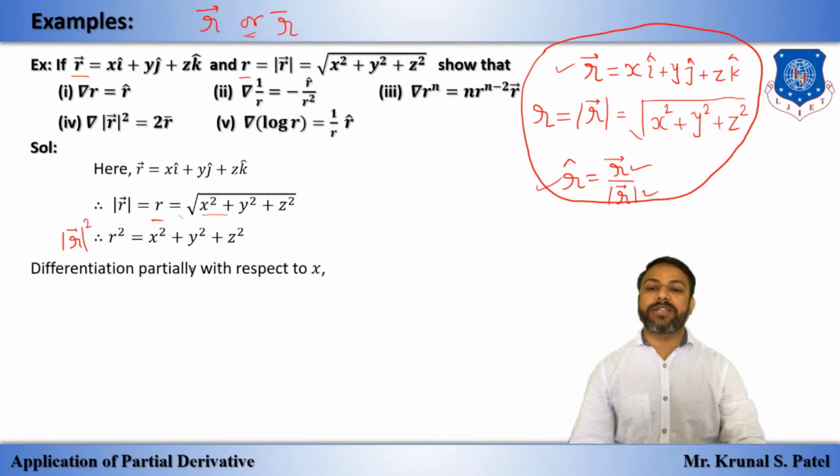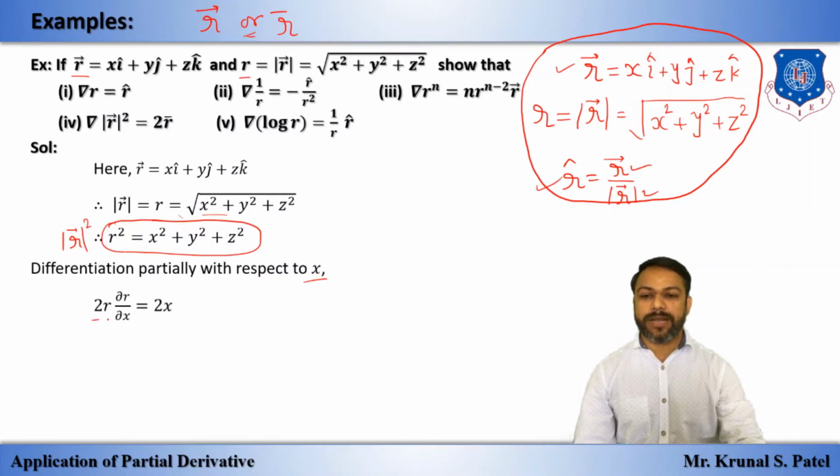Now differentiating partially with respect to x, we differentiate this entire term with respect to x, and we have already seen this in the chapter on partial derivatives. Differentiation of r square is 2r, and differentiation of r is del r by del x, because r is a function of x, y, z.